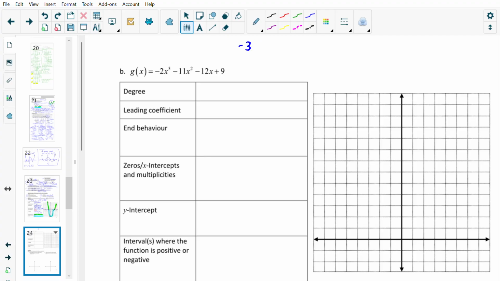Okay, so I'm going to do this up here. So -3. Okay, remember the integral zero theorem. The 9, I'm going to choose all the various factors of 9 that could work. I'm going to simplify this for you. I found that -3 works, so I'm just going to do my synthetic division. Okay. And then let's factor this down into its components here.